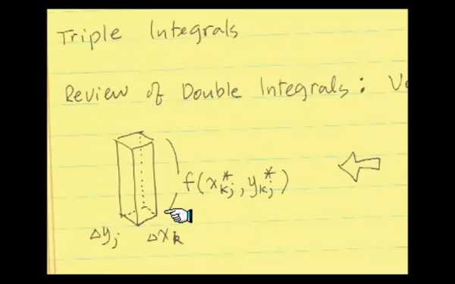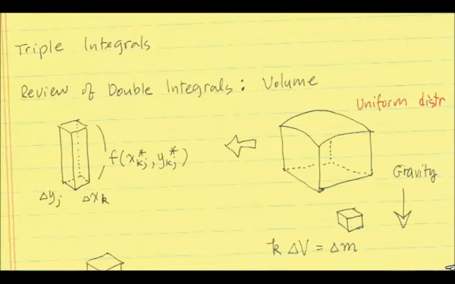This next part is going to be a slightly different interpretation from the volume interpretation. I want to look at this object not for its volume, but for its mass and weight. If we assume a uniform distribution of matter inside it, that means if I sample over here and over there, the number of molecules, for example, is always the same.